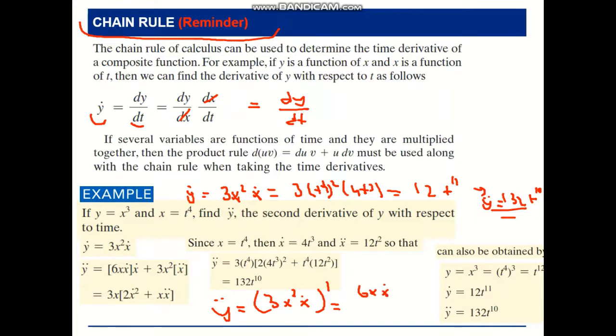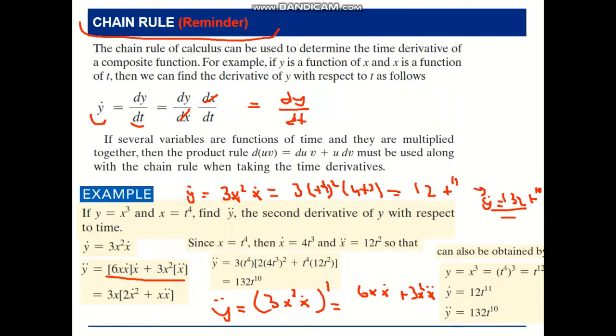I just take the first derivative of that, and then I will jump to the other one, where I make this guy, 3x squared, constant, times x double dot, right? If I plug these in, I will end up again with 132 t to the 10. There's also here 6 x dot x prime.